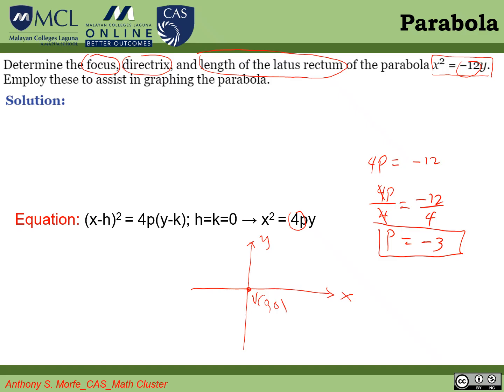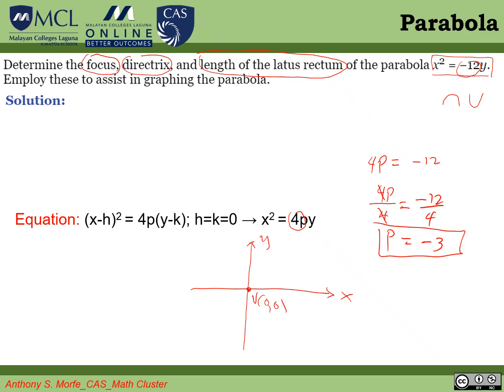this is negative. So where do you think the parabola opens? Remember, when x is being squared, what is the opening of the parabola? It's either down or up. It depends on the sign of the coefficient of y on the right side.